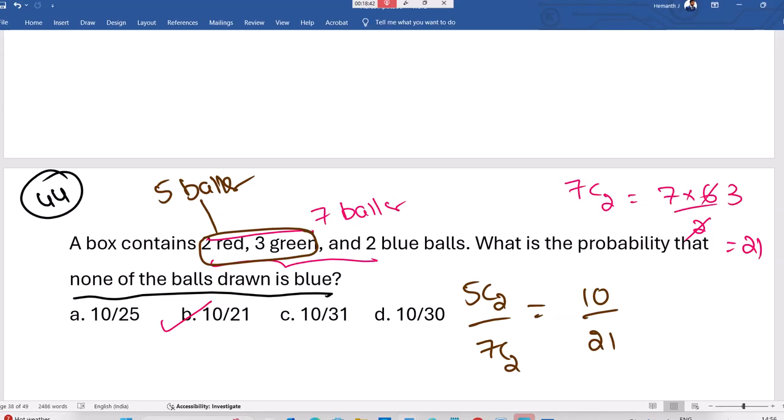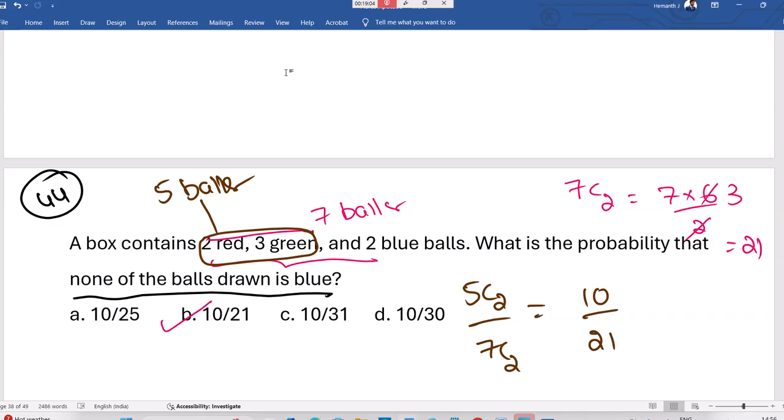10 by 21. Here also there is a mistake in the question. How many balls you have to draw is not given, but we can sense it. Don't argue only, you also need to add certain things. If the same question is given in an exam, we have to sense it like this. If it is one ball drawing, then it is 5 by 7, and I want a 5 by 7 answer, it's not there.